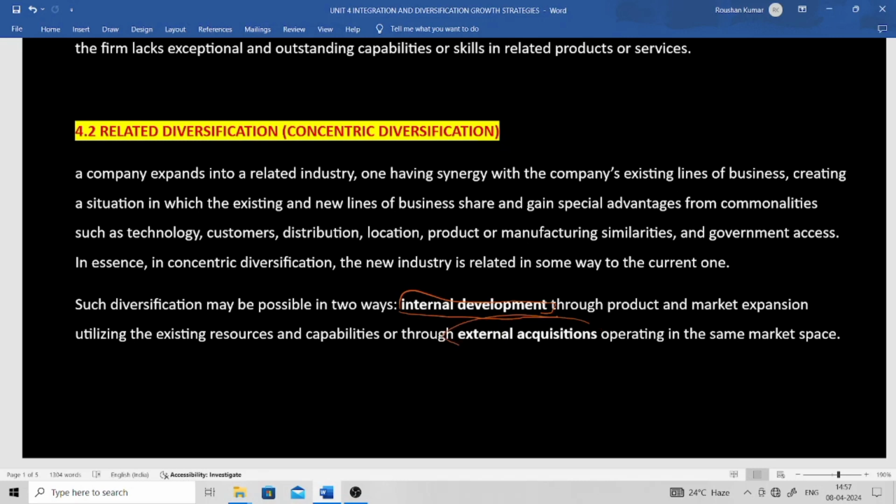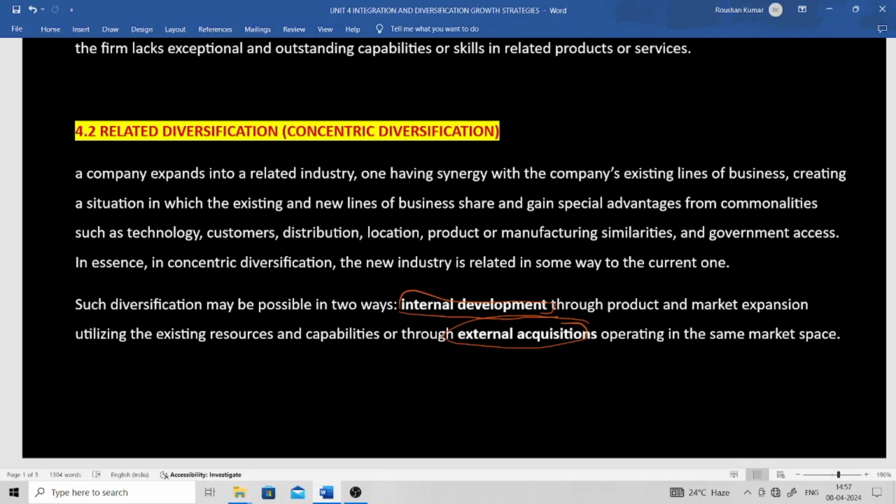These are the two ways through which an organization can diversify in related diversification. Internal development uses product and market expansion utilizing the existing resources and capabilities.